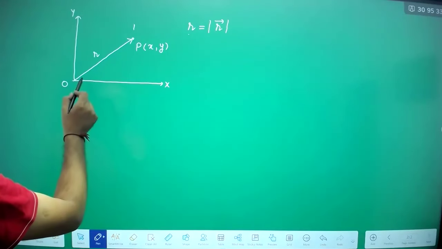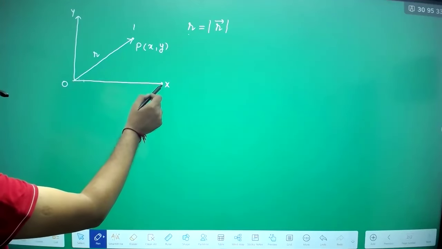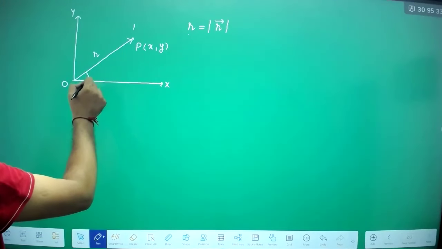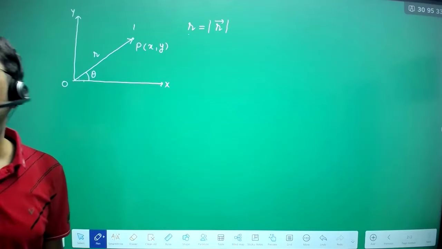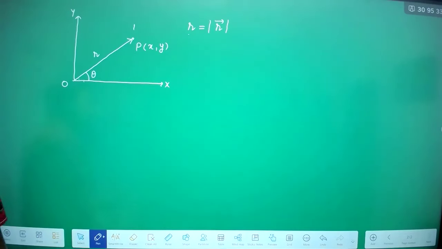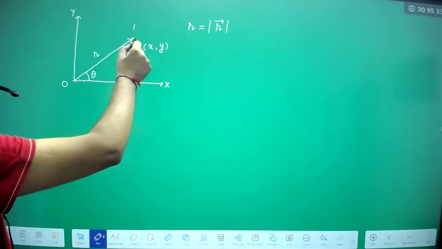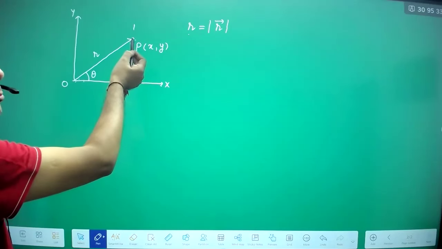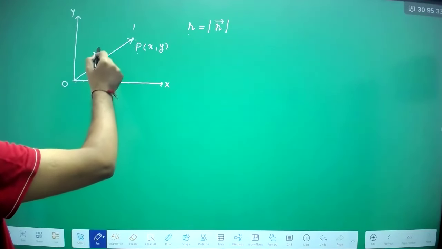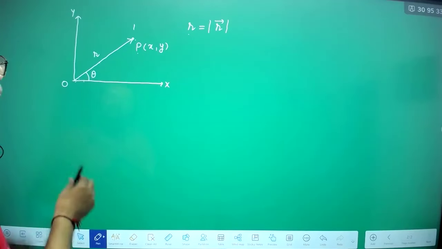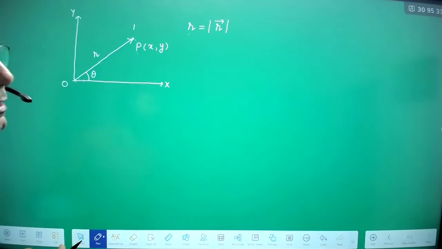And if I consider the angle this position vector is making with the x-axis, that is theta. So here, this is the position vector OP of this point P, and the length of the position vector is r. I am assuming that this position vector is making an angle theta with the x-axis.